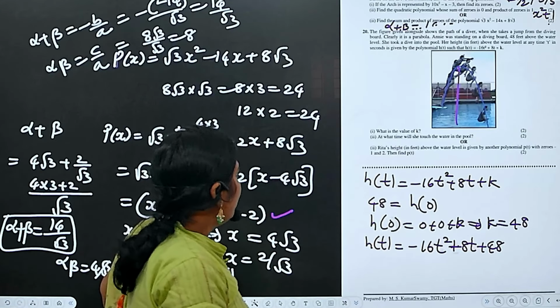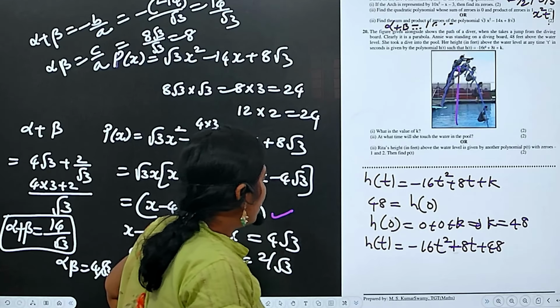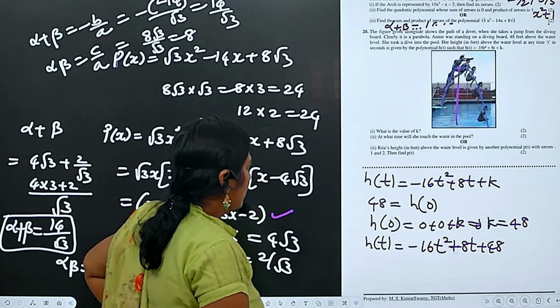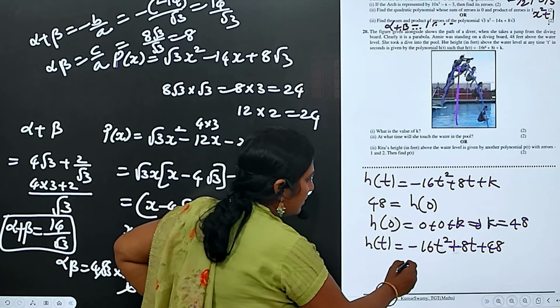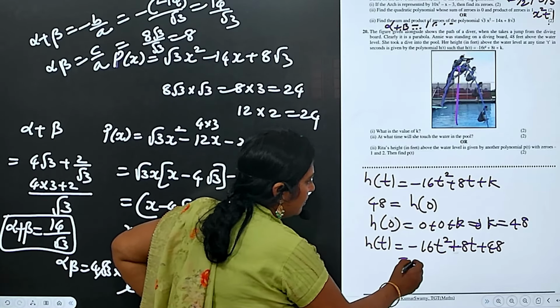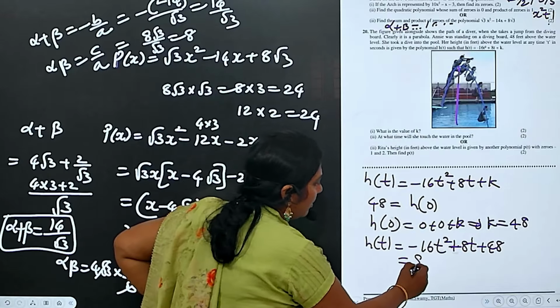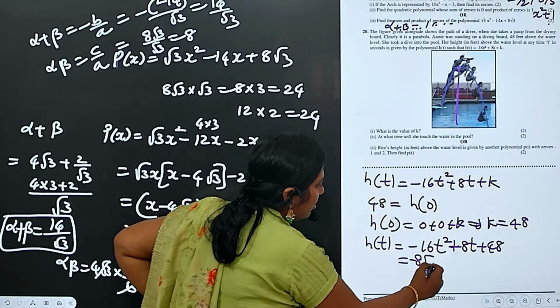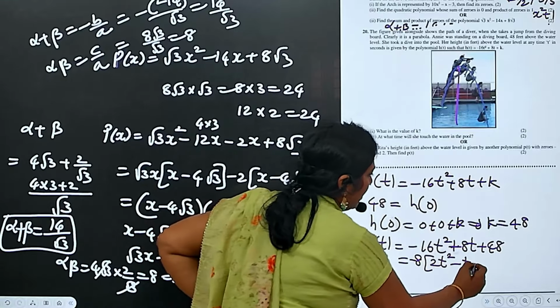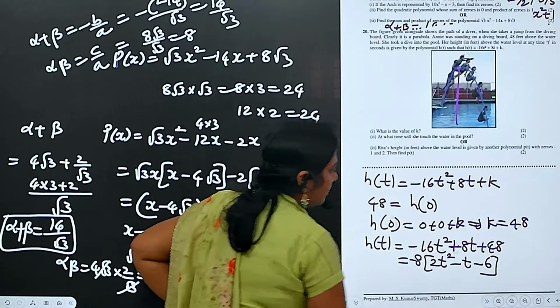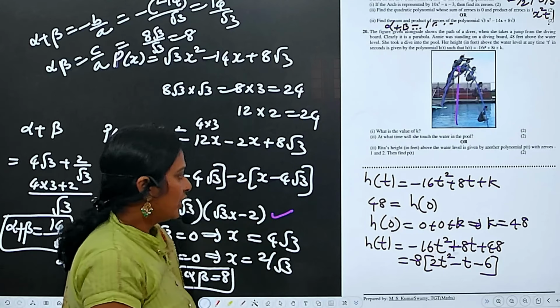At what time will she touch the water in the pool? The H of T equal to 0. Here 8 is common, minus 8 is common, 2T square minus T minus 6. 4 3s are 12.